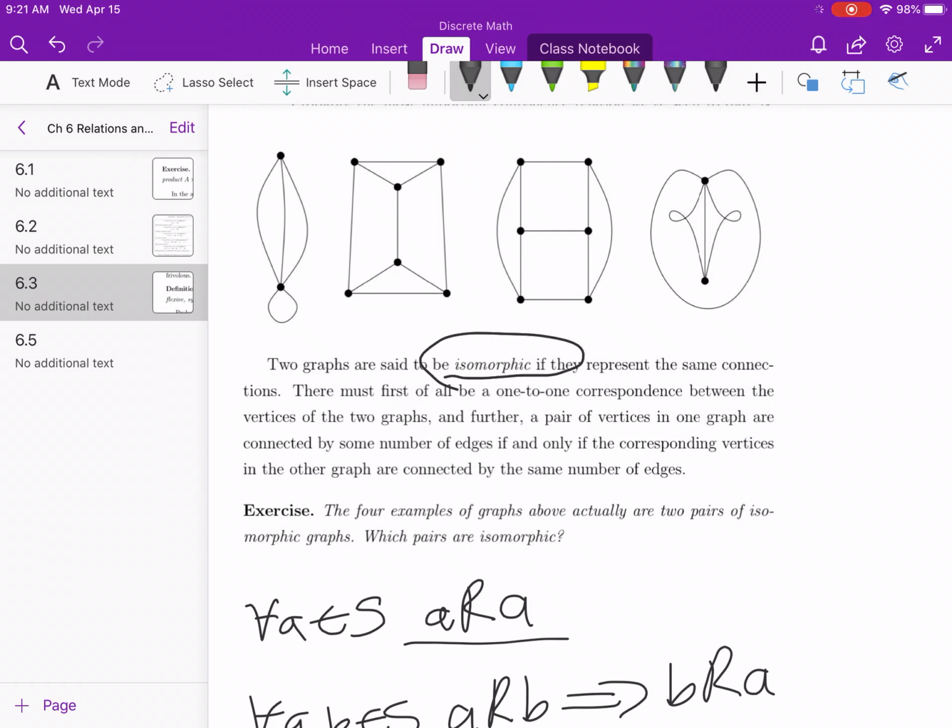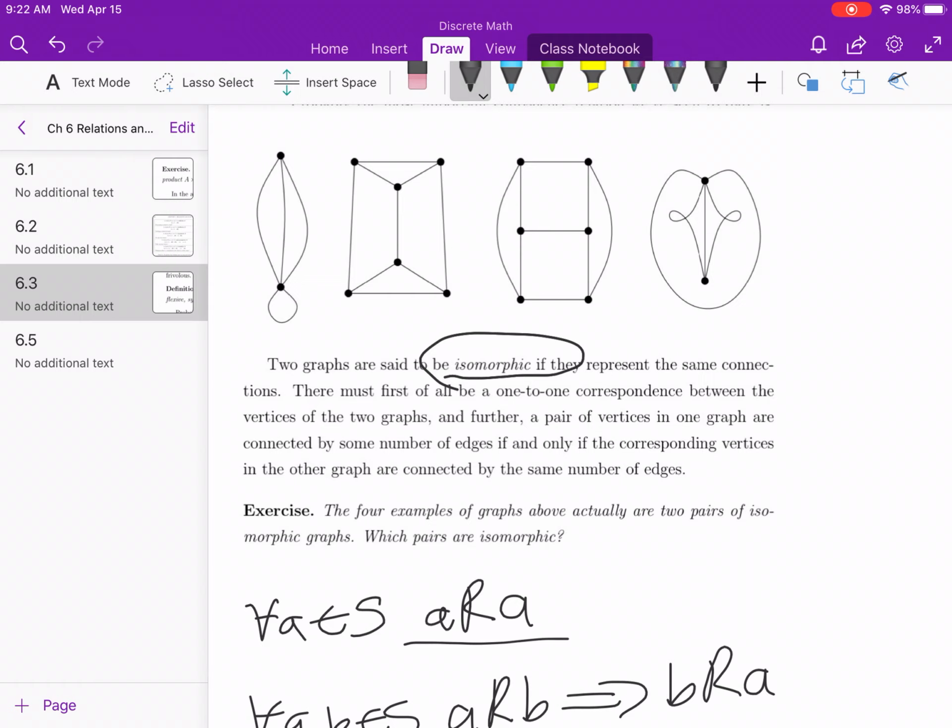Specifically graph isomorphisms. The word isomorphism comes up pretty frequently in mathematics, especially in higher level mathematics. The idea of having an isomorphism is very important. An isomorphism is actually a function from one graph to another.